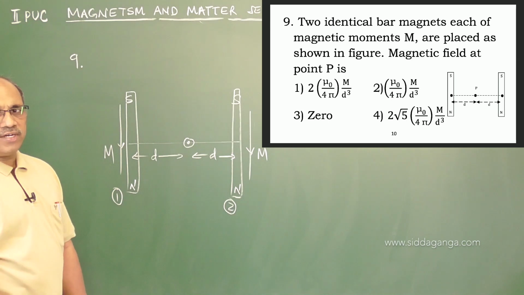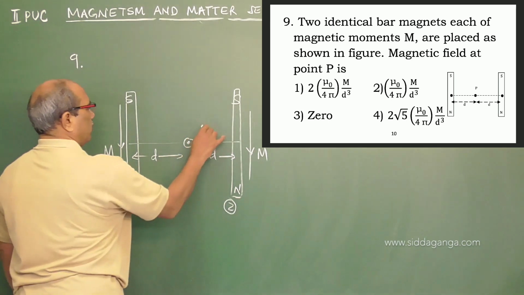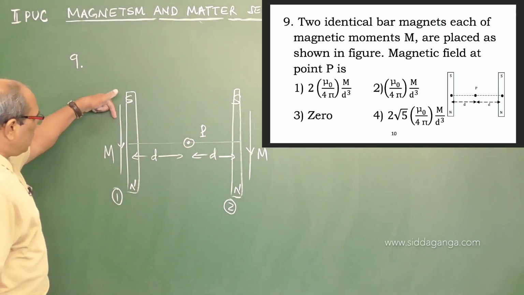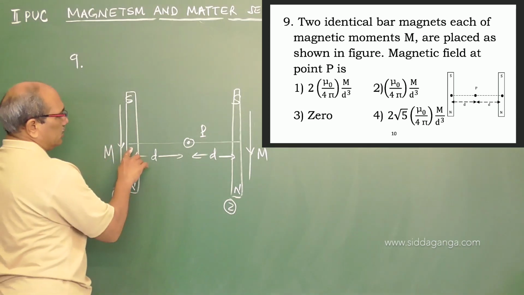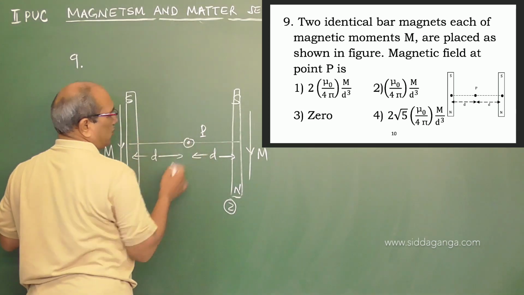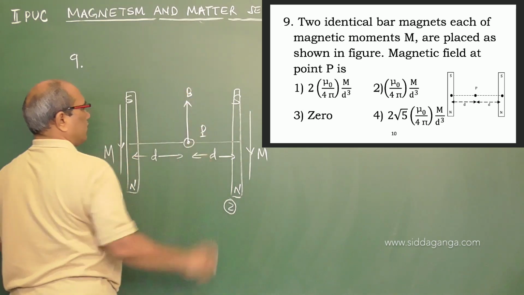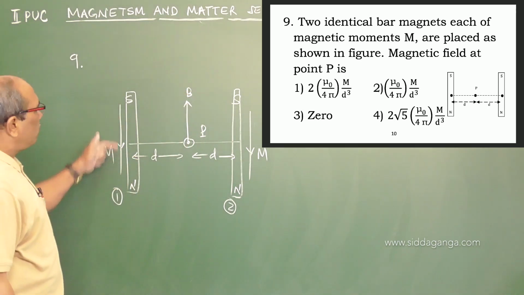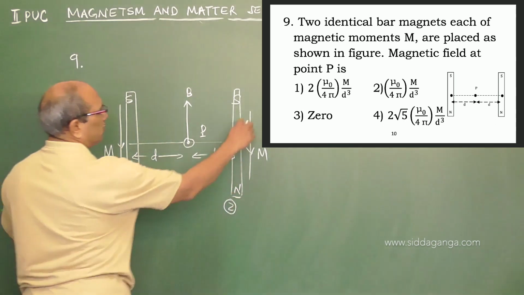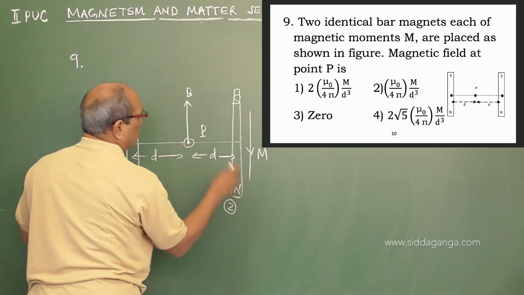The magnetic field at P, you know, M is acting in one direction. At the perpendicular axis point, the field B acts opposite to M for the first one, and for the second one too it is acting downward.